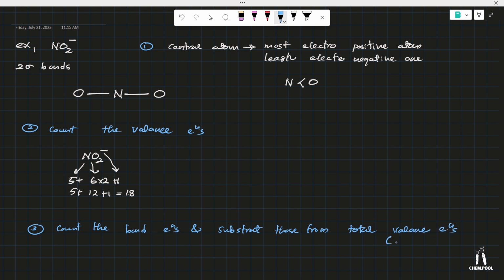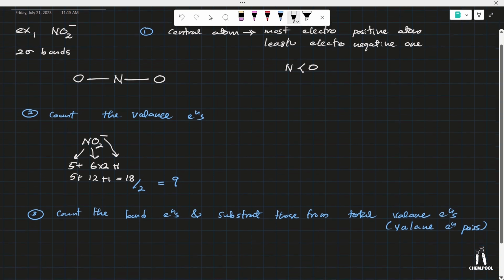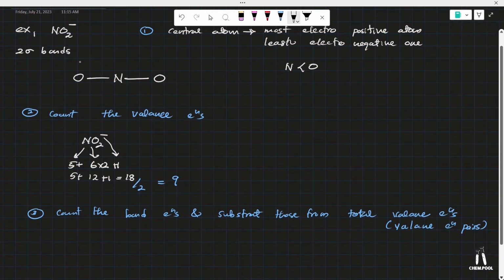Or here you can see the valence electrons or valence electron pairs. Pairs come from this one divided by 2, 9, right? For easiest method, I use the electron pairs. Now you can see here 2 sigma bonds and 2 electron pairs. Now 9 subtract 2 equals 7, right?